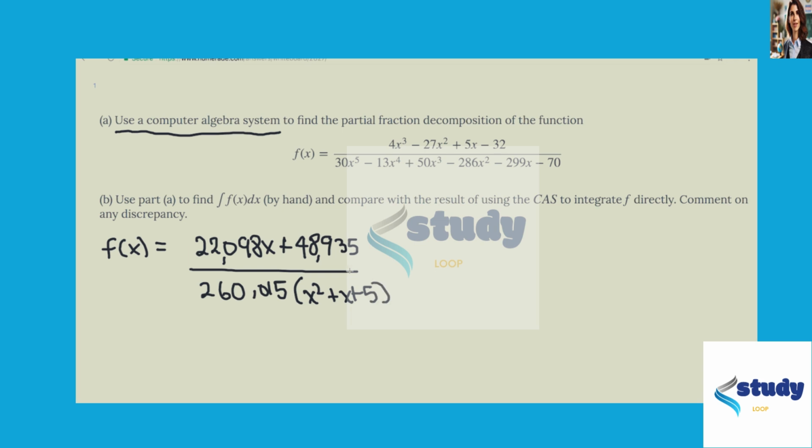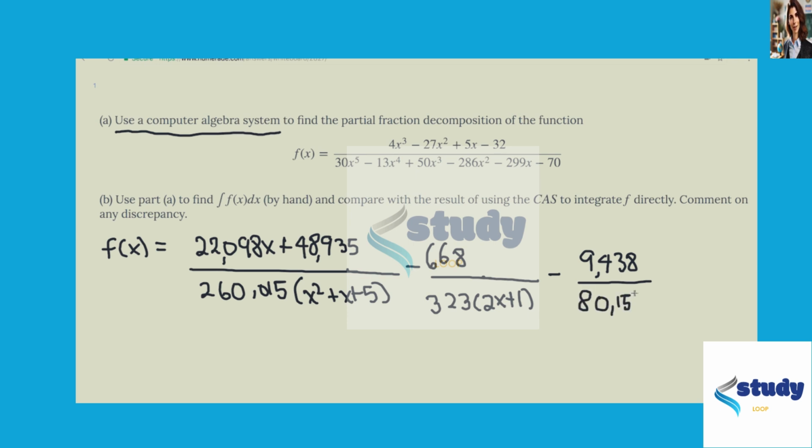So there's one term, then we have 668, 323, 2x plus 1. Also, minus 9438, 80155, and then we have one more term after this. This is just for part A here.